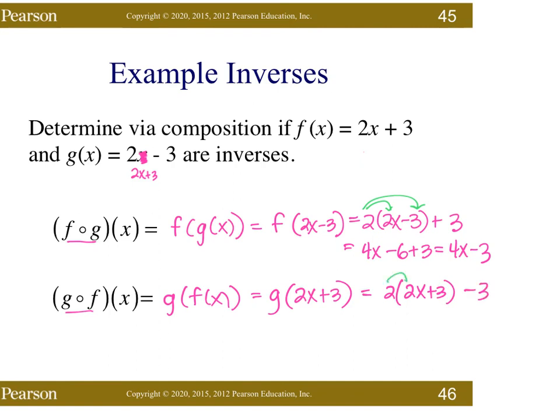I'll do some distributing again. That gives me 4x plus 6 minus 3, which is 4x plus 3. I do not get the identical thing. Therefore, f and g are not inverses of each other because their compositions did not yield the identity function.